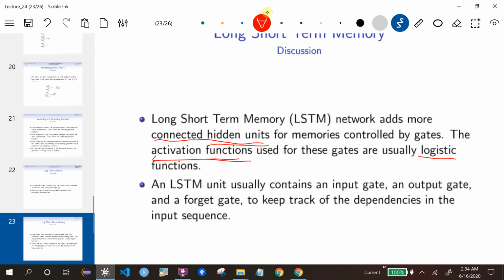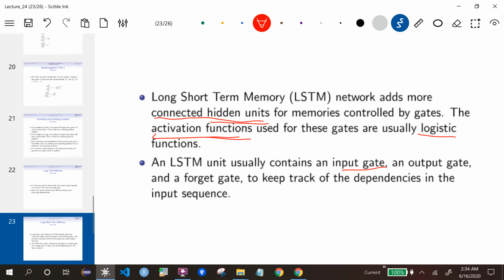Actually, not that special. It's just different ways of combining these activation functions. And we're going to call these the gates, and each gate has a different purpose for how to update the values of these hidden units. And these units, again, are used to keep track of long-term, long-range dependencies.